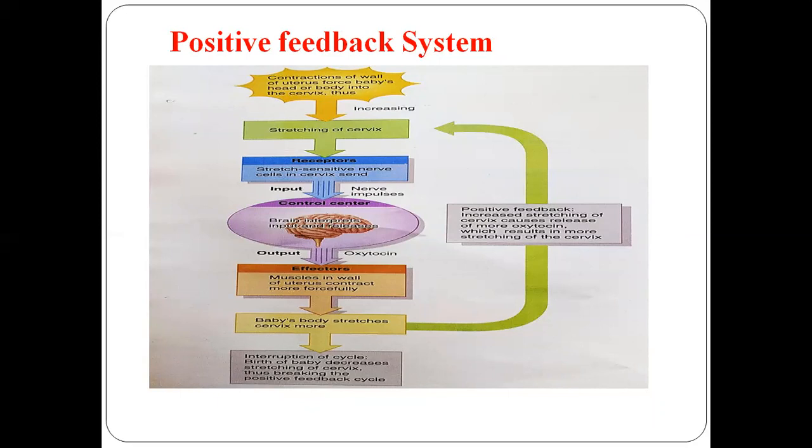We can take an example: normal childbirth provides a good example for the positive feedback system. The first contraction of labor pushes part of the fetus into the cervix, the lowest part of the uterus, which opens into the vagina.